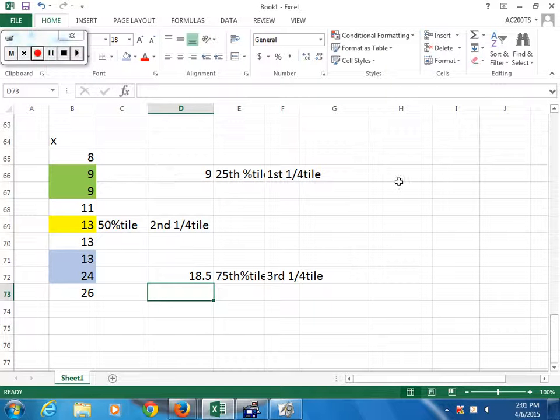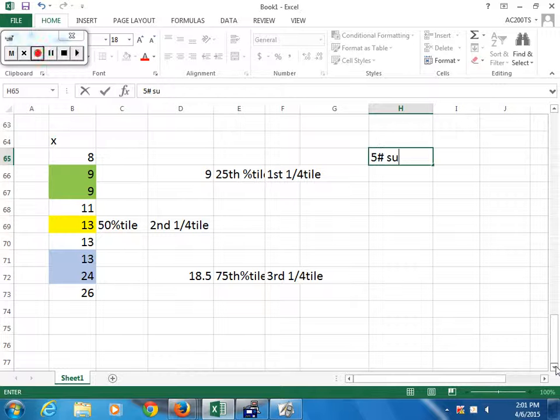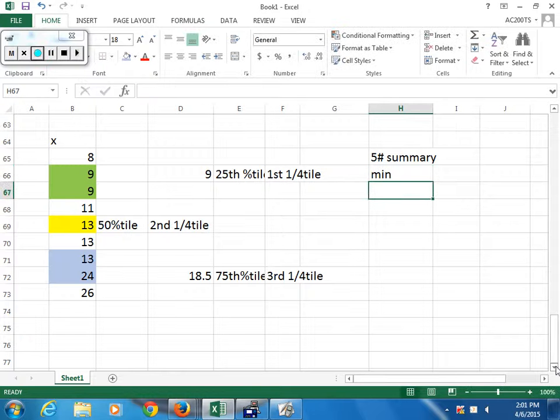So that's it. Now, the way you do your 5-number summary, some people call it a 5-point summary, is the min, the first quartile, the second quartile, the third quartile, and the max. Well, the min, that's pretty simple.